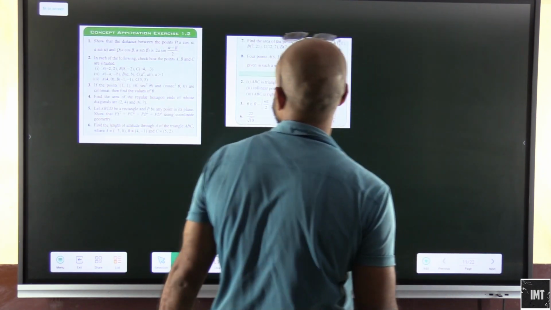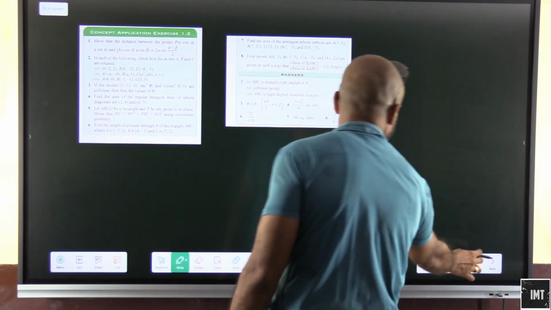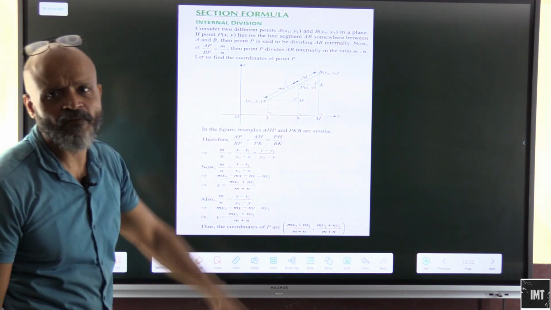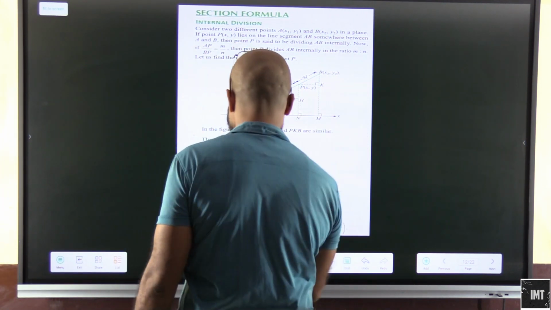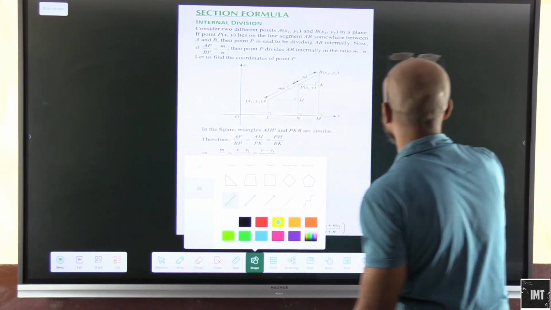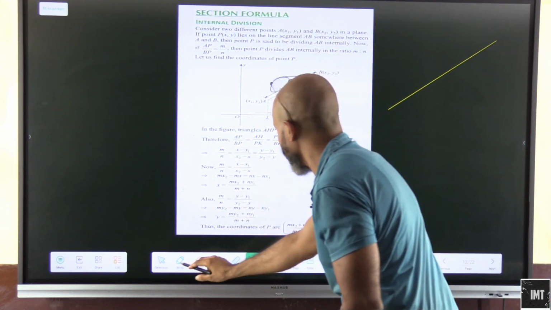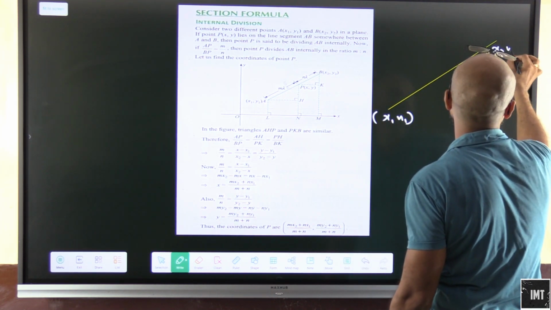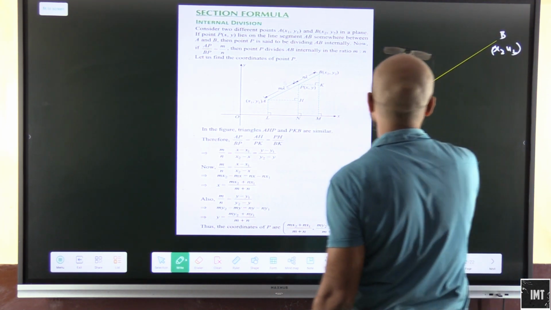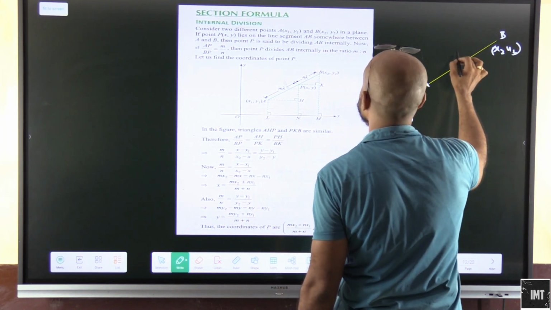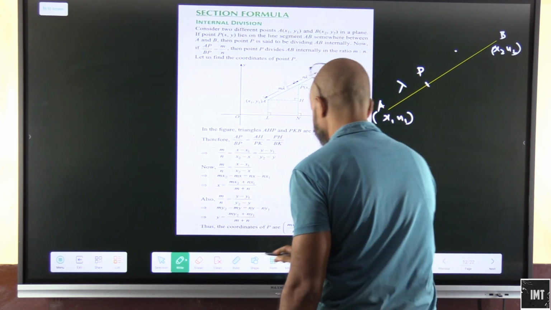Okay, so these are some questions which we have framed. Let's move on to the section formula, something that you have already studied. If there is a line, what does it state? We are not going into the proofs of it. Let's say we have 2 points, x1 y1 and x2 y2. These are points A and B separated by a point P. Let's say this is lambda is to 1, or let's say m is to n.